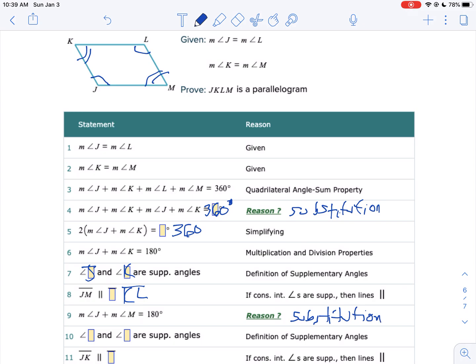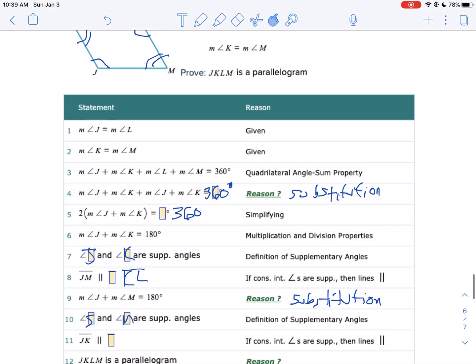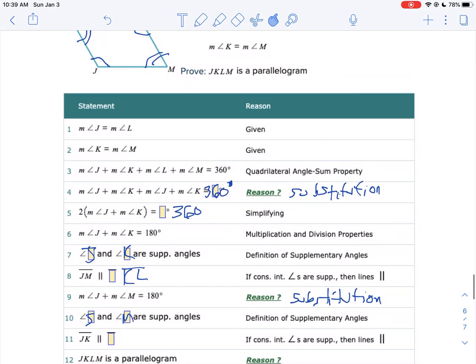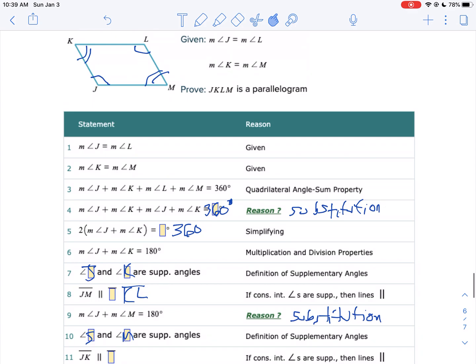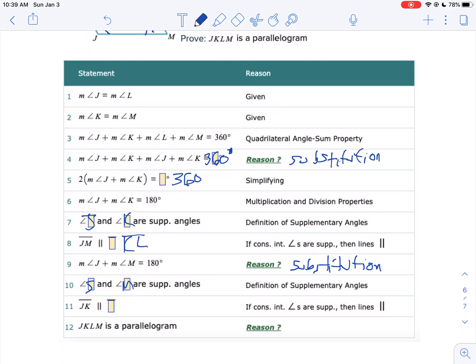And so then you had step 10, right? Which makes J and M supplementary. Well, if J and M are supplementary, you had step 11 right too. It was step 12 I think you got wrong. You said JK is parallel to LM, which I agree with.